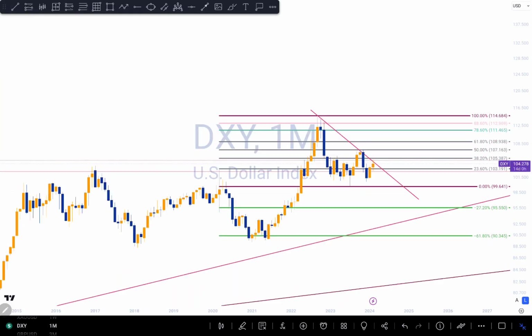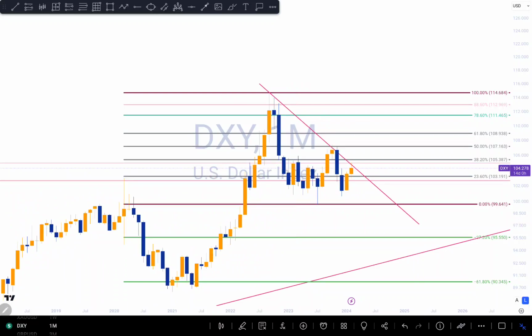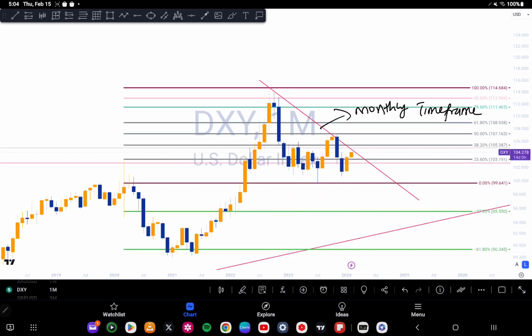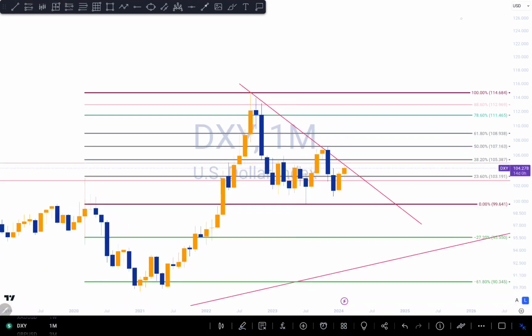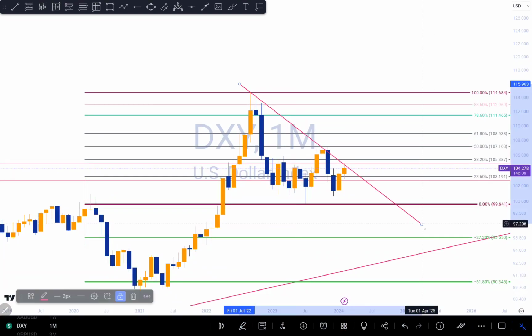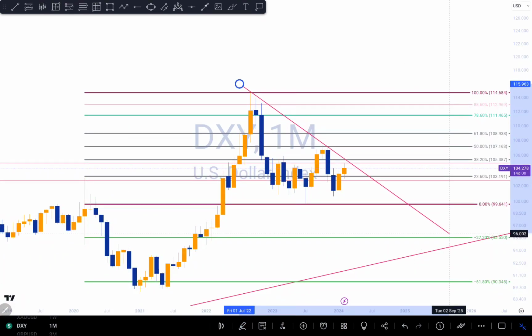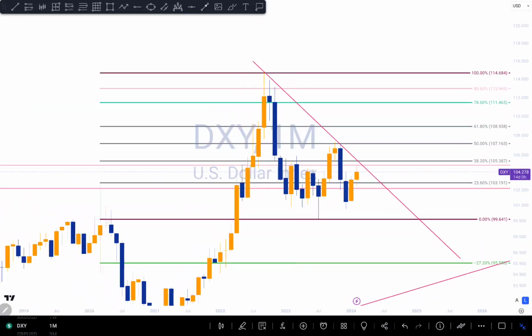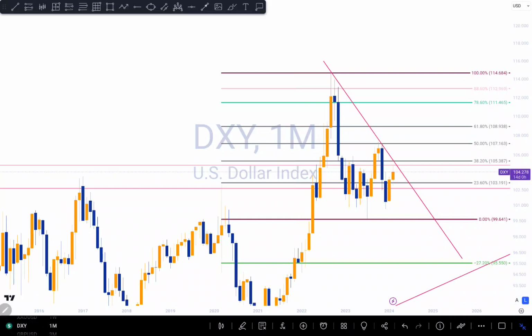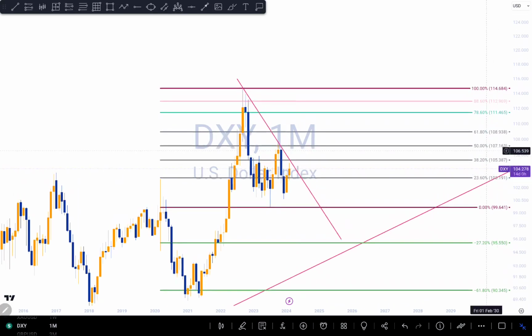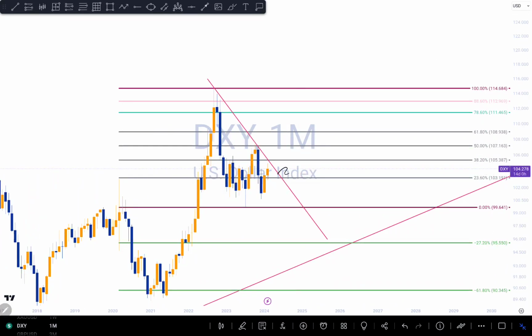Let's go. So as you can see, this is my monthly time frame. We can see that we are currently on a down move, and it's giving me a touch of a trend line. Let me adjust this trend line. Okay. So we can see currently we are pushing to the upside.